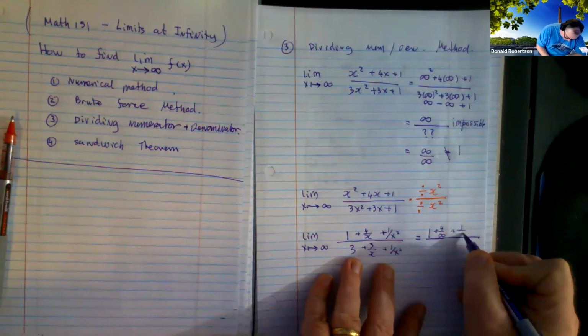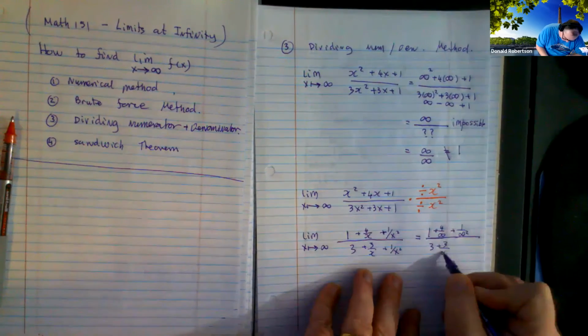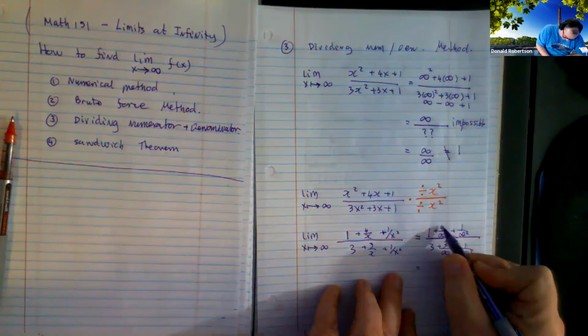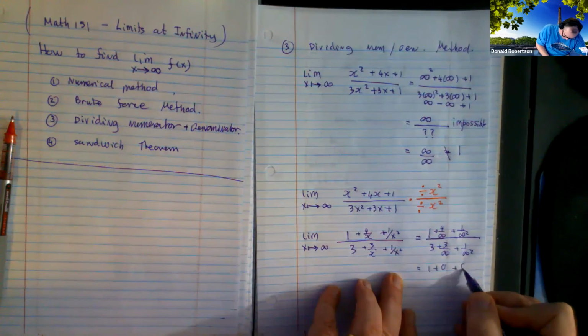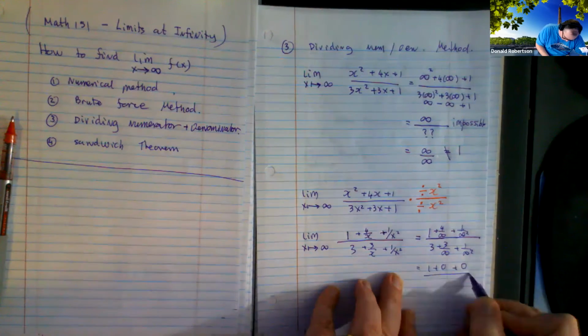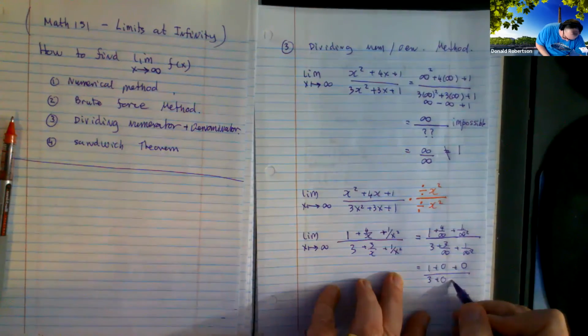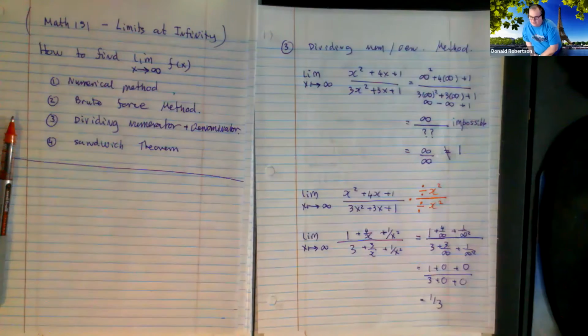Aren't I going to replace all the x's using the brute force method where you just replace it by infinity? And let's see, would you agree 4 over infinity is 0 and 1 over infinity squared is 0? 3 is still 3. 3 over infinity is 0 and 1 over infinity is 0. And just like magic, we now have a limit.